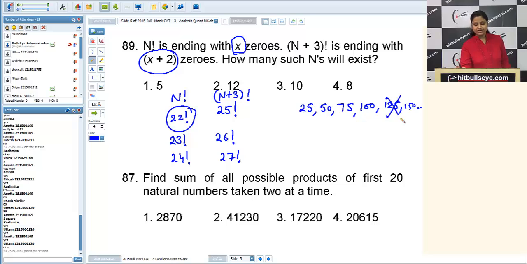But 125 is dropped. Why? Because 125 is 5 cube. It will give you 3 zeros extra, but we need 2 zeros extra only. That's why we will take only multiples of 25, but we will drop multiples of 125. And corresponding to every multiple of 25, we are getting 3 values of n.